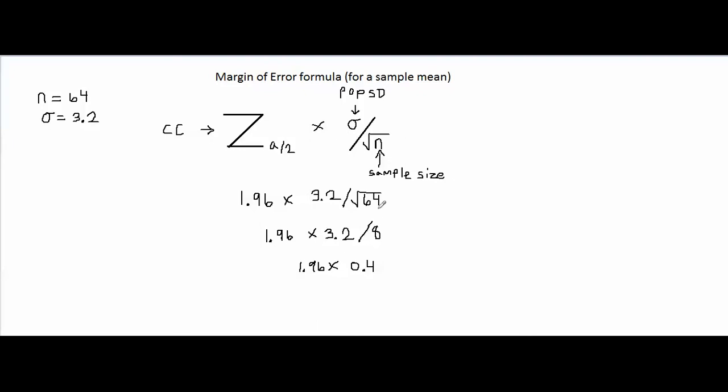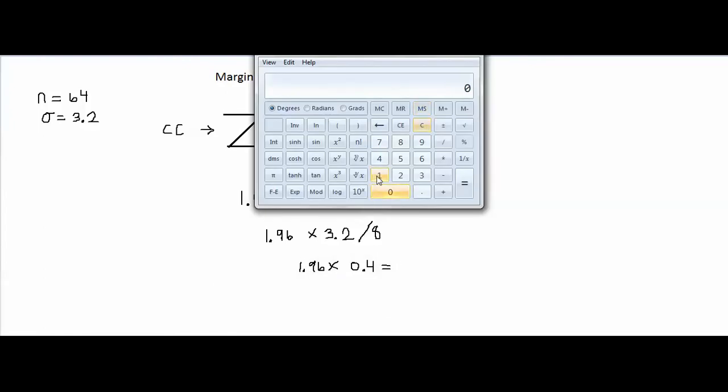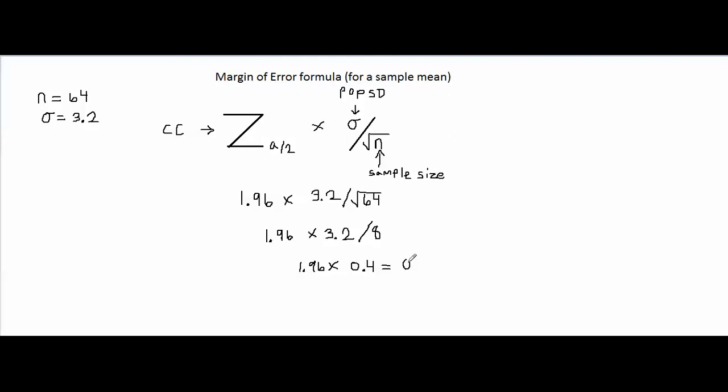So step 1 was the square root. Step 2 was dividing the fraction. Step 3 is just going to be multiplying. We're going to multiply 1.96 by 0.4 to get our final answer. 1.96 times 0.4 is 0.78 if we round it to 2 places.